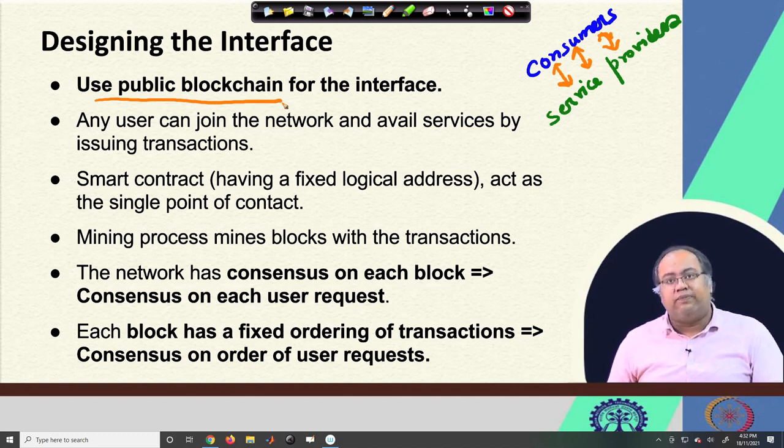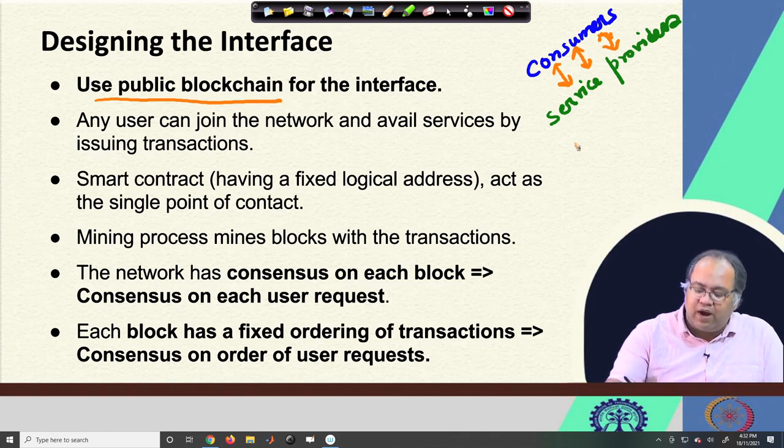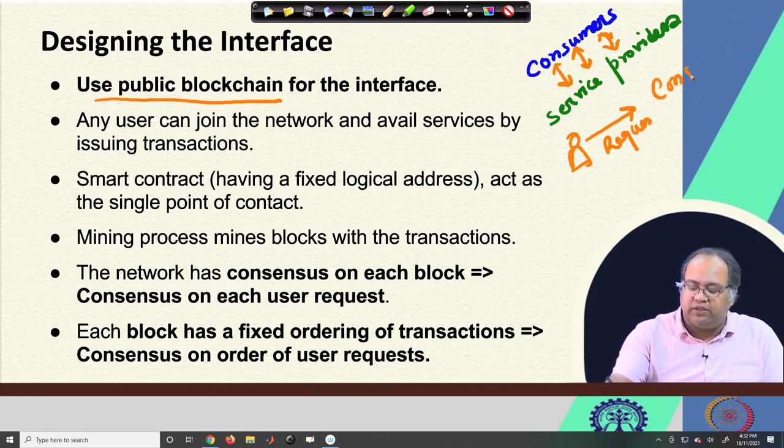So, through the smart contract the consumers can interact with the service providers over this public blockchain network, and I can have a background mining process which will mine the blocks with the transactions, and that way the network will have consensus on each block, indicating consensus on each user request. So, whenever one consumer generates a request, that request goes through this consensus procedure.